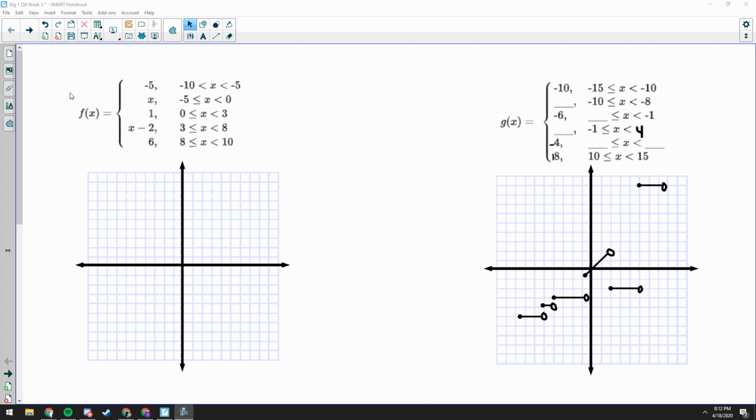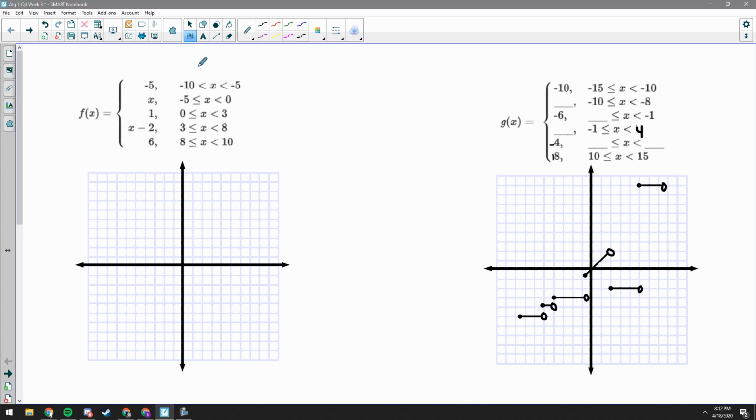So, if we have our input value, now remember, if this is our function f, these are all of our input values, which makes these all of our output values. So, if our input is between negative 10 and 5, so we can count out 1, 2, 3, 4, 5, 6, 7, 8, 9, 10.